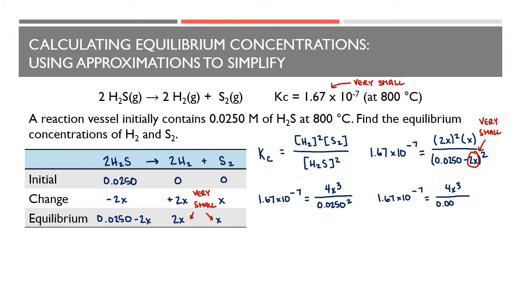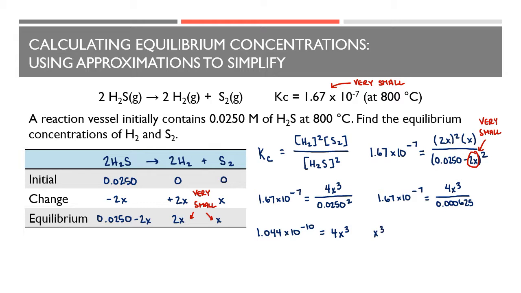So what I end up with is 1.67 times 10 to the negative 7th is equal to 4x cubed over 0.000625. I'm going to cross multiply here and take 0.000625 times 1.67 times 10 to the negative 7th, and I get 1.044 times 10 to the negative 10th equals 4x cubed.